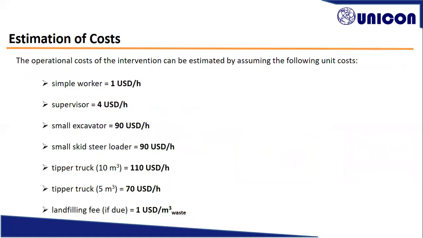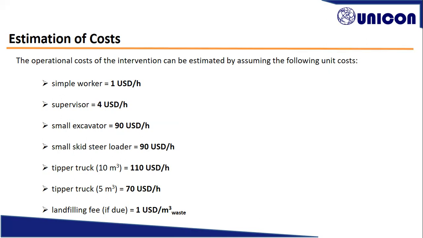Furthermore, the operational cost of the intervention can be estimated by assuming the following unit costs. For simple worker, $1 US per hour. For supervisors, $4 US per hour. For small excavator, $90 US per hour. For small skid steer loader, $90 US per hour.